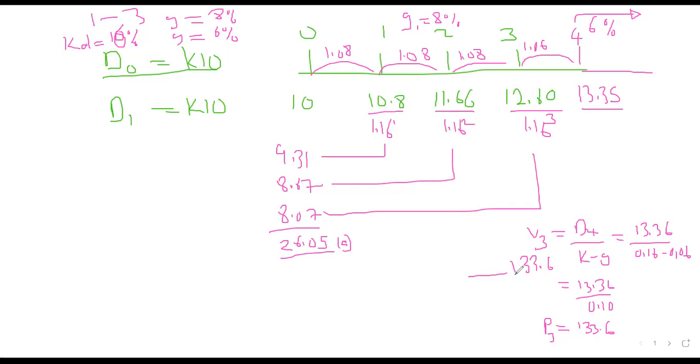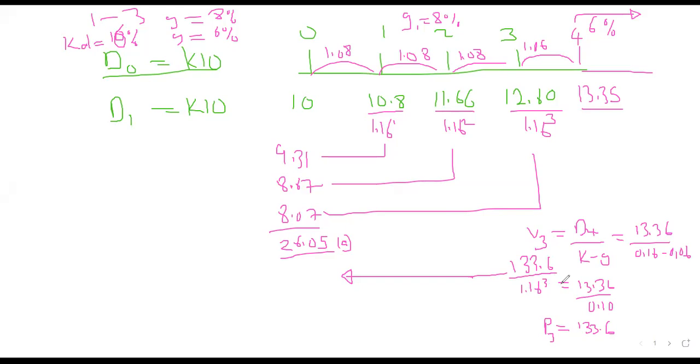If we're together, as of year 3 the value is 133.6. We now have to discount it. How do we discount it to the current year? We're going to say 1.16 to the power 3, because it is as at year 3.